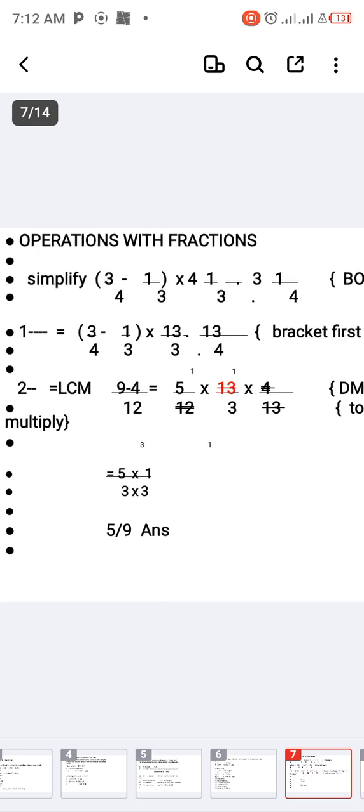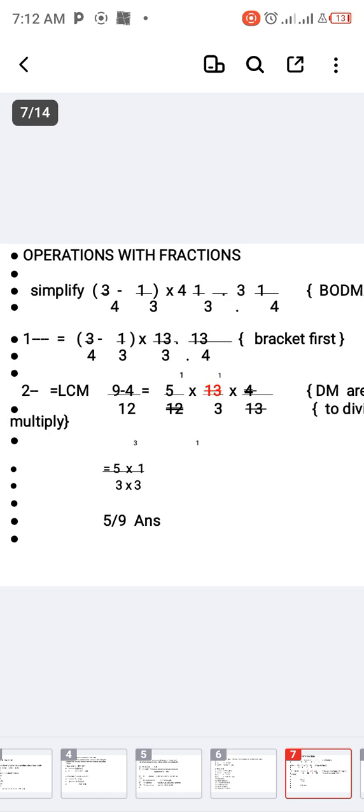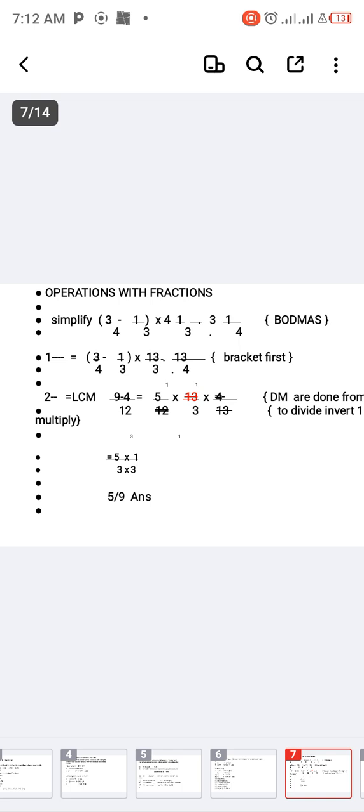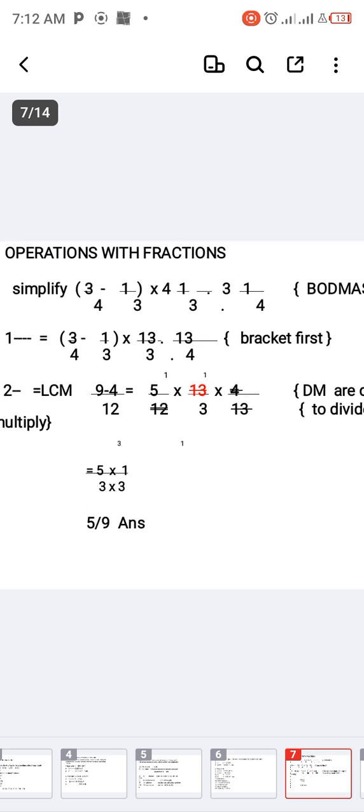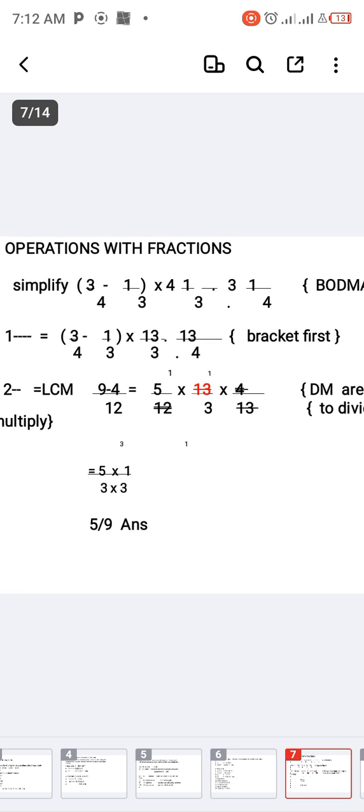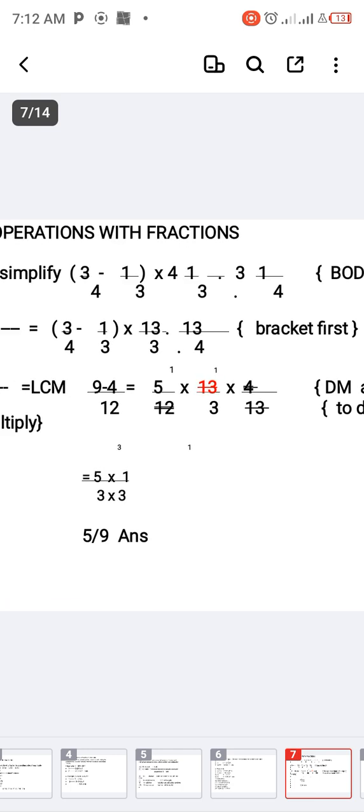Now we are going to do some operations with fractions. We're going to begin with this first question that says, simplify: open brackets, 3/4 minus 1/3, bracket close, times 4 whole number 1/3, divided by 3 whole number 1/4.